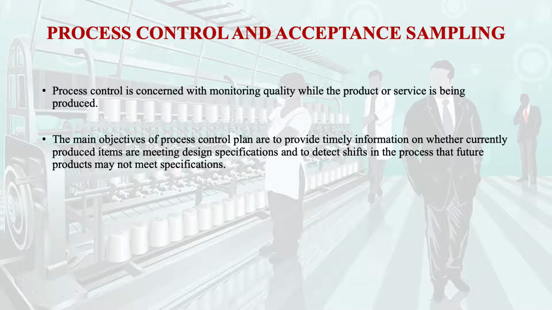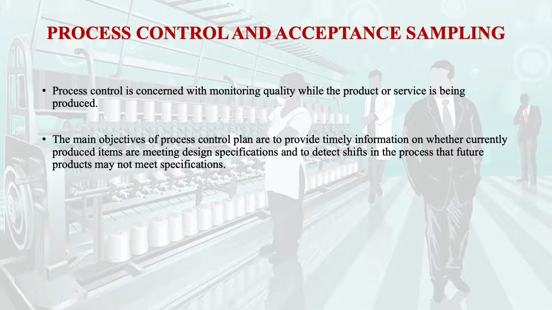The main objective of a process control plan is to provide timely information on whether the currently produced items are meeting the design specification, or to detect a shift in the process so that future products may not meet the specification.